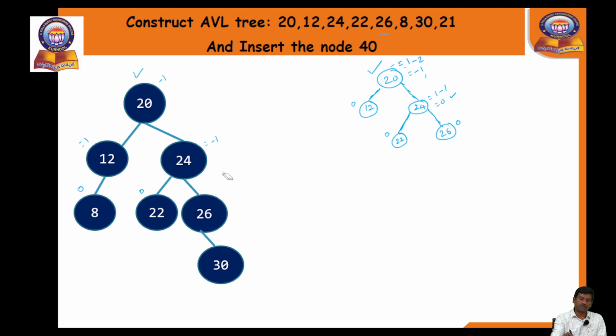When you are inserting the next node, it starts comparing with the root node. What is the next node? That is 21. So 21 has to be inserted. When you are inserting the new node 21, it starts comparing with the root value 20.